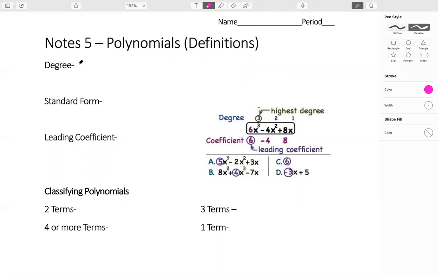A degree refers to the power of a variable in a term. I should maybe say single term.